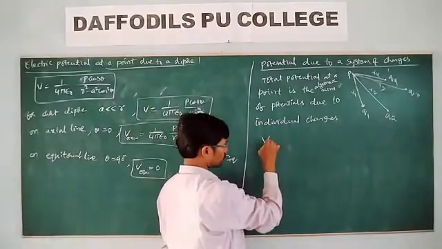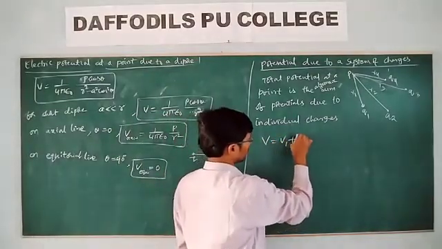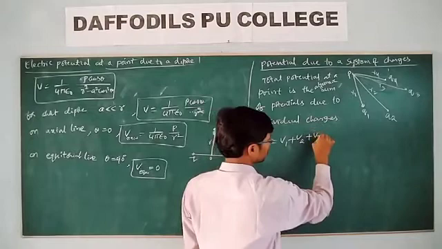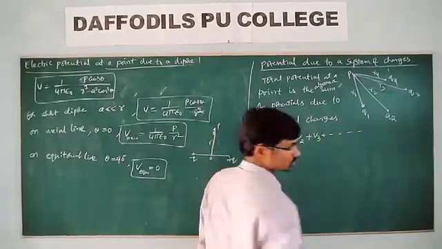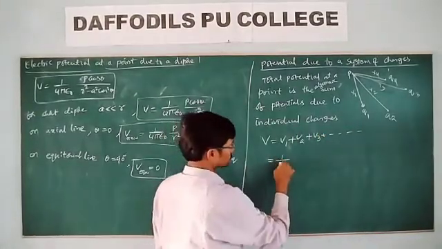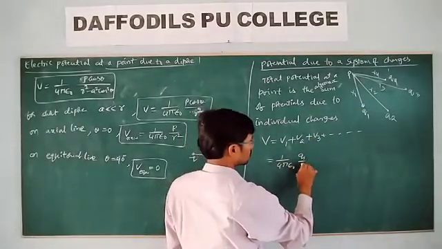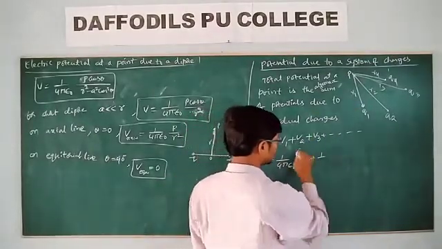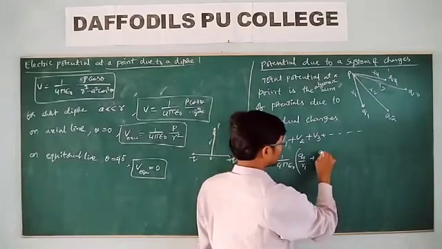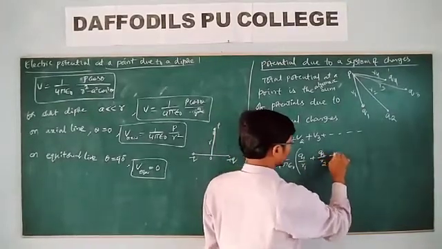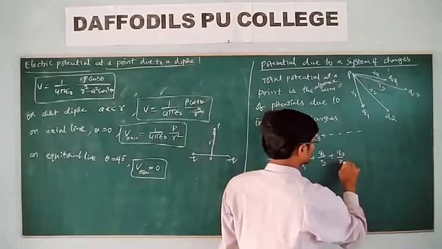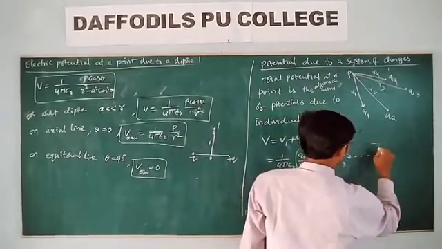Therefore, the net total potential V is equal to V1 plus V2 plus V3 and so on. That is 1 by 4 pi epsilon naught, Q1 by R1, plus 1 by 4 pi epsilon naught is common, Q2 by R2 plus Q3 by R3 and so on.